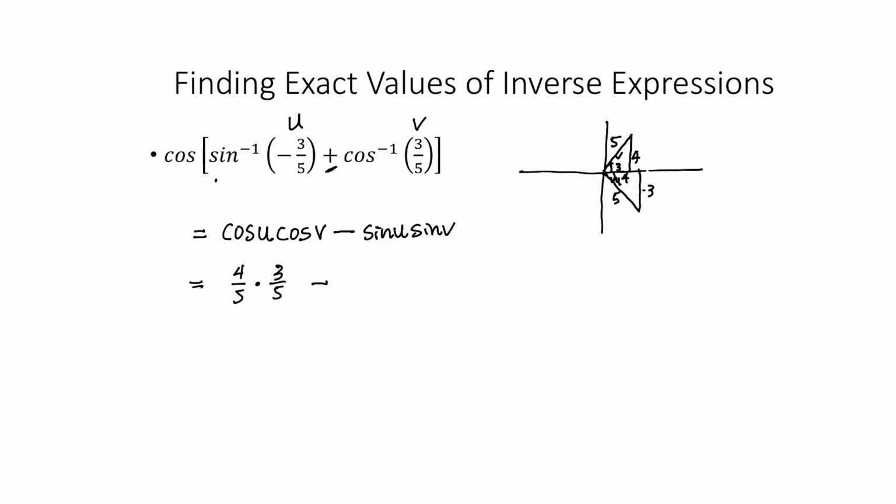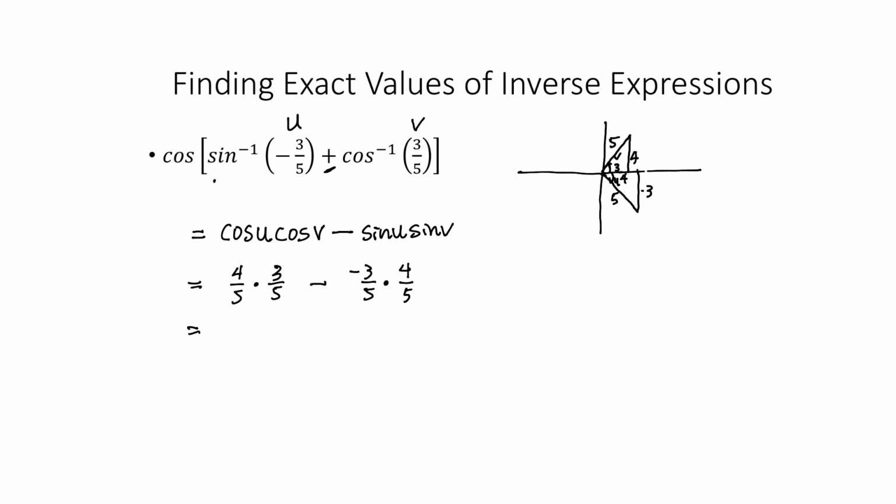And then taking the sine of U would be opposite over hypotenuse, so negative 3/5 multiplied by the sine of V, opposite over hypotenuse, 4/5 positive. Multiplying these out, we get 12/25 here, subtracting negative 12/25.